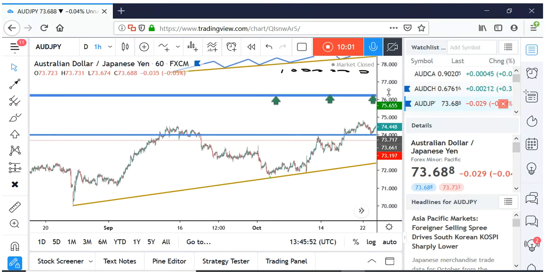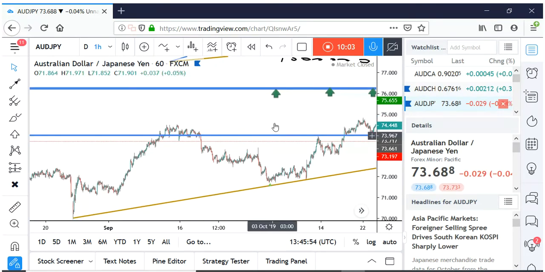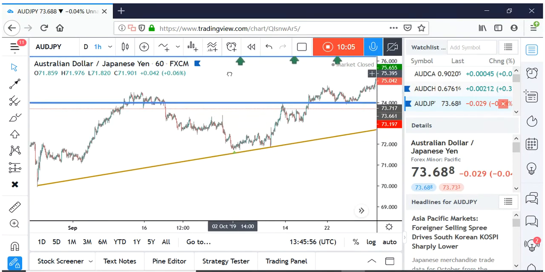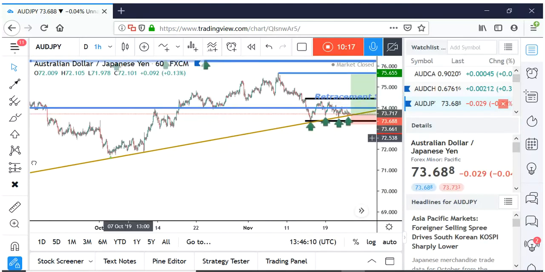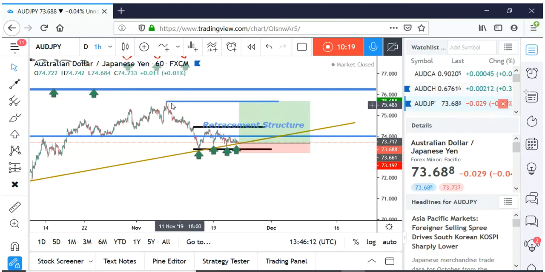Aussie JPY is actually in an uptrend. You have a higher high, higher low, higher high, higher low, and so on and so forth. And then it got to here.